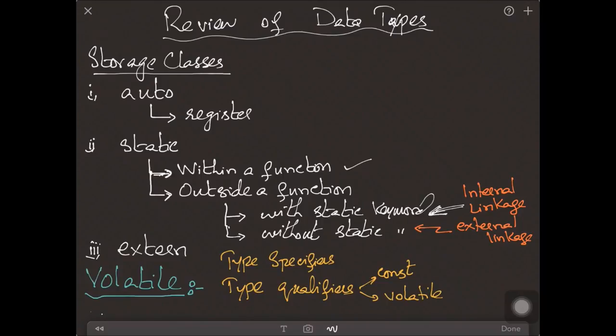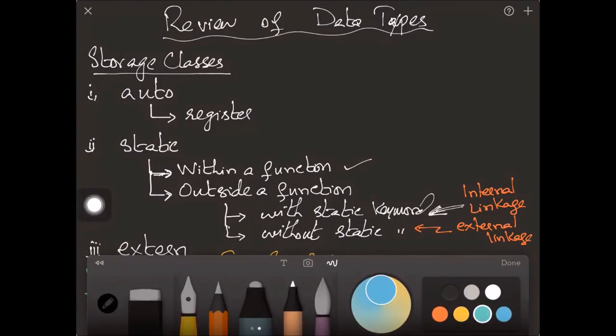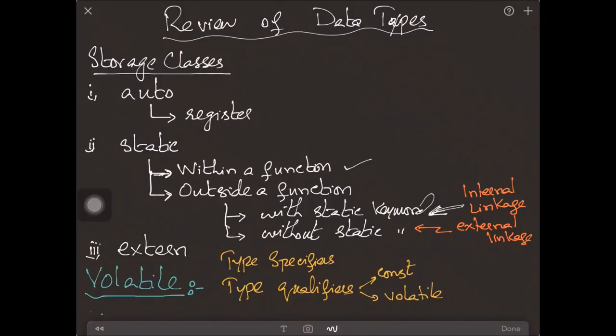For example, if I say, let's suppose, volatile date, by making date volatile, it tells the compiler to be watchful, this may change by another program. So whenever you are going to access it, you must access it keeping in view that its value might have changed.